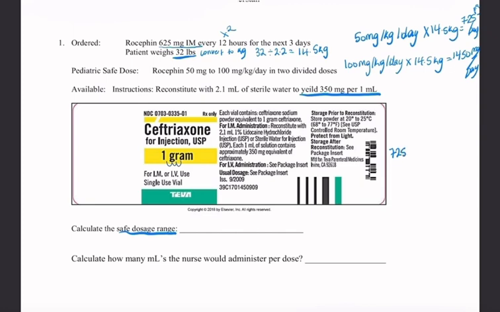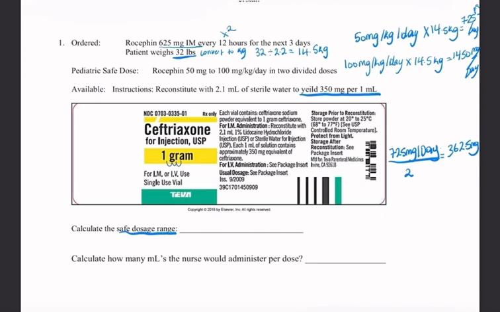The question wants me to calculate the safe dosage range. Because it says the dose is divided into 2 equal doses, I'm going to divide 725 milligram per day by 2, since we're just doing the safe dosage range.